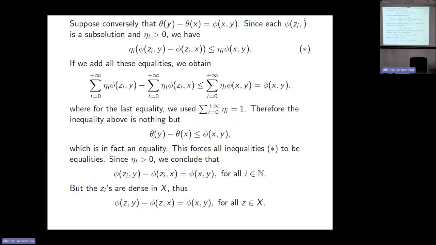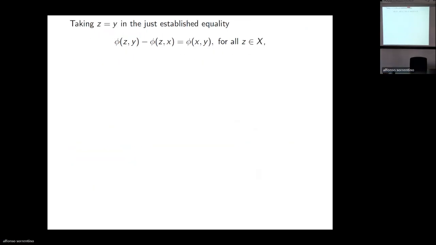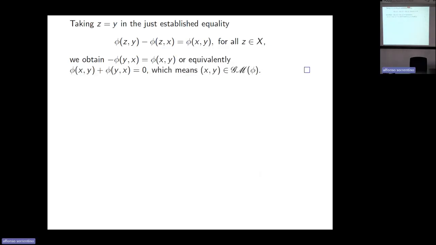So in particular, taking z equal y, I get minus phi of yx is equal to phi of xy. Equivalently, this tells me that phi of xy plus phi of yx is 0, which means that we are in the mother set.